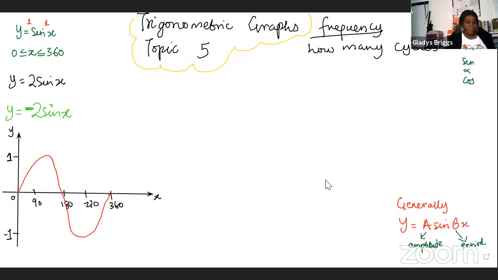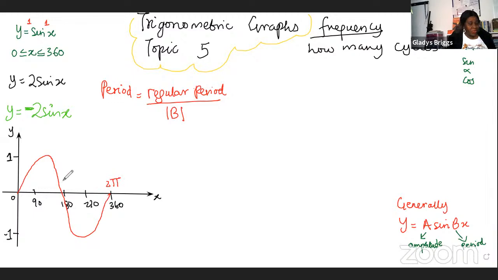Okay, period generally is equal to the regular period over the new period. And I told you that for sine and cosine, the regular period is 2 pi.